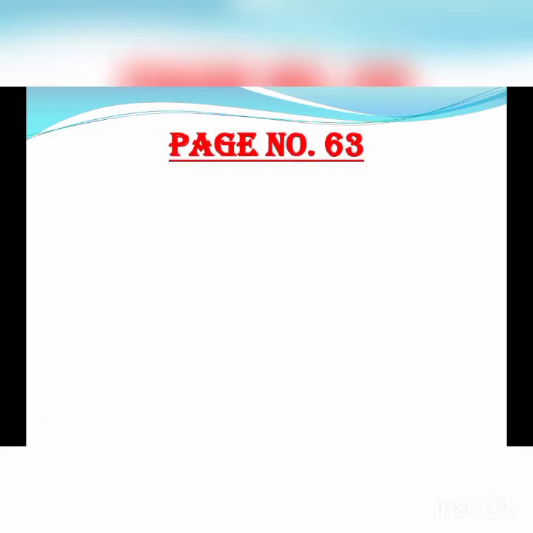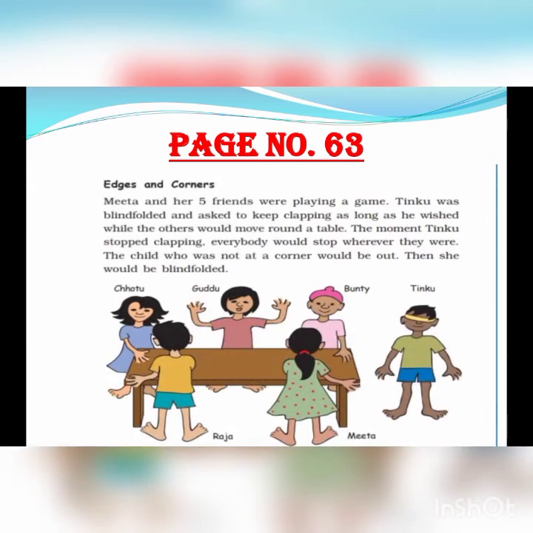Let's do some activities from your textbook. Refer page number 63. Edges and corners. Meeta and her 5 friends were playing a game. Tinku was blindfolded and asked to keep clapping as long as he wished, while the others would move round a table.